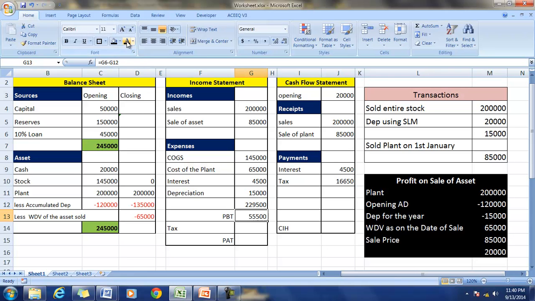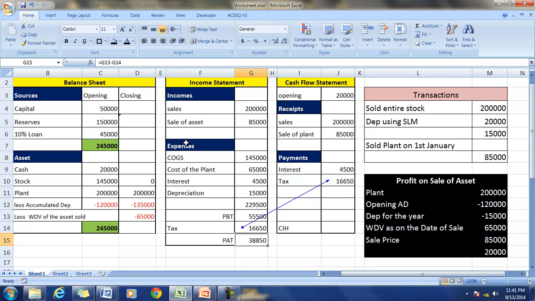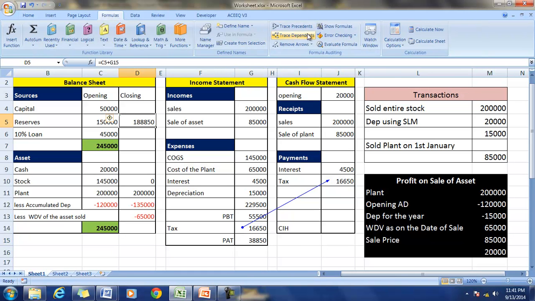PBT is 55,000 and the tax is 30% of PBT, assuming that accounting profit is equal to tax profit, and the tax is a payment. So therefore we'll have the PAT as 38,850, and the entire PAT will be transferred to the balance sheet.